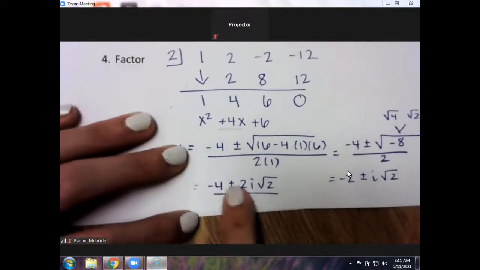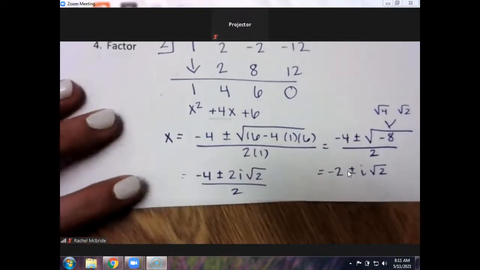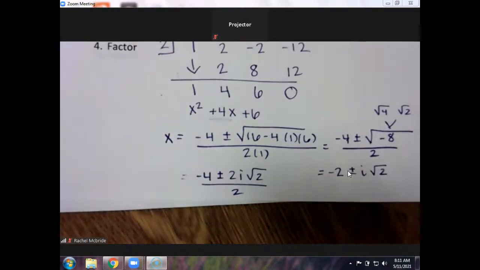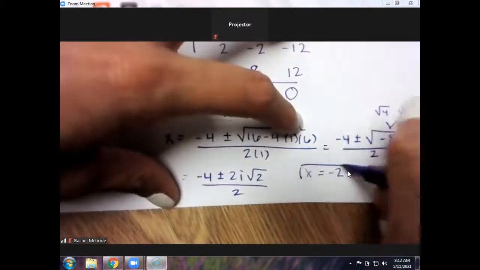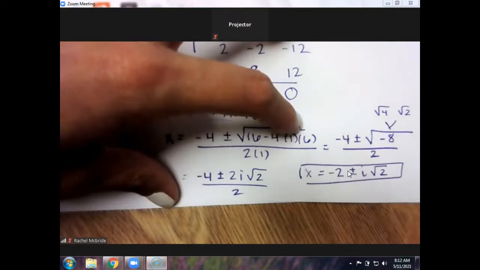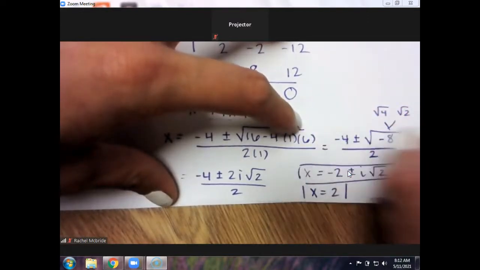Only because I simplified all of the 2's. So when you would write out your solution set, it would be these, negative 2 plus or minus i square roots of 2, and then x equals 2.